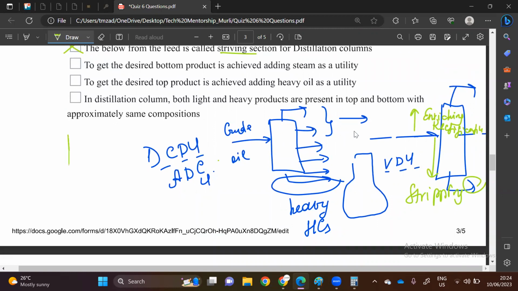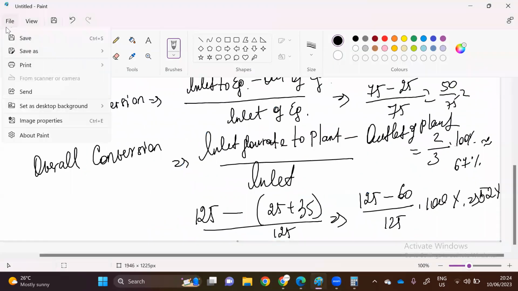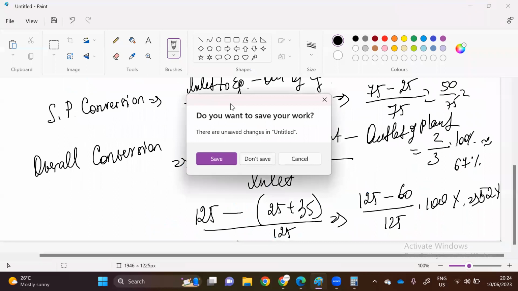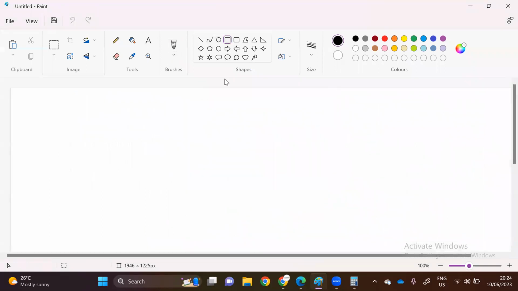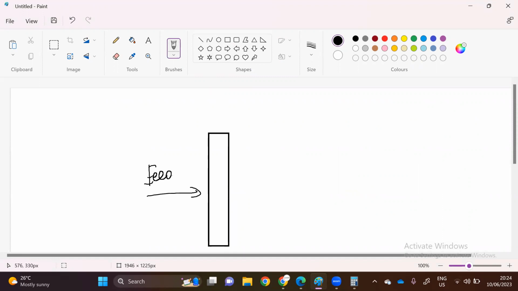So in distillation columns, let me write on paint, it will be more clear to you. Let's say we have one distillation column. This is inlet, feed. The outlet stream from the upper section will be sent to the condenser.